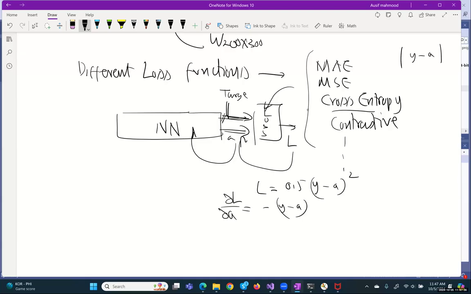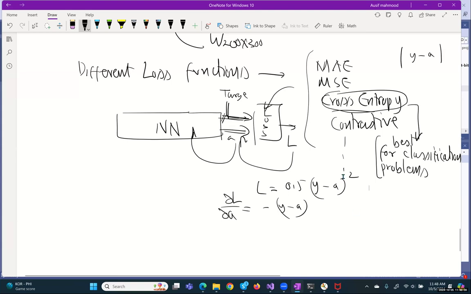Cross entropy is a very popular loss function. Through a lot of research that we have done over the years, we have determined that cross entropy works best for classification problems. So anytime we are trying to categorize the data, cross entropy loss is the best loss function from the learning of the network point of view, right?